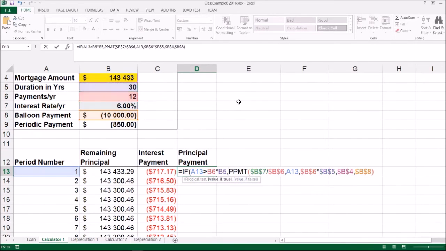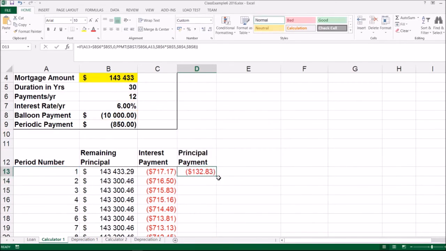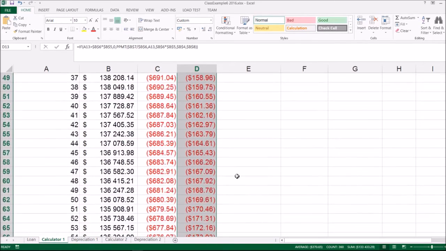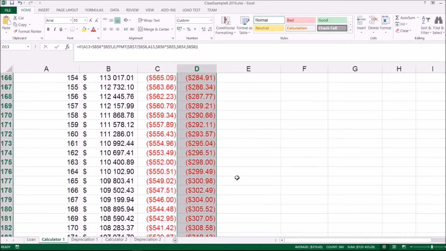Your balance should be 0. Okay, if not, then you should calculate the principal payment. Once again, lock those cells. The only thing that needs to not be locked is the period number. Click OK and copy this formula down to the rest of your cells up until the very last one.